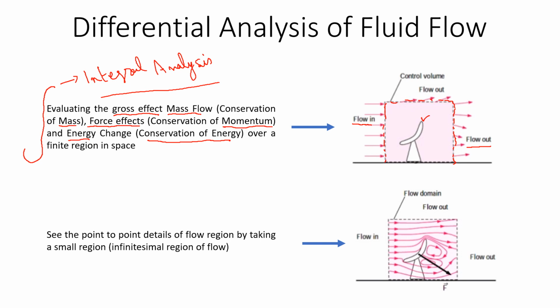We will see point-to-point details of our flow region by taking a very small region, as compared to what we did in the previous chapter, where we took a considerable amount of large region around our concerned object.